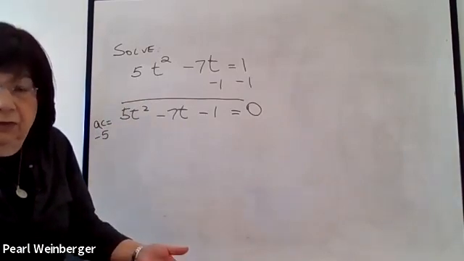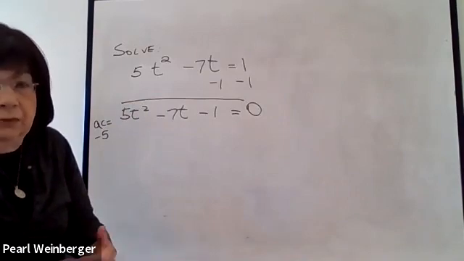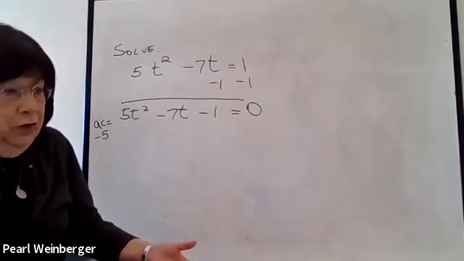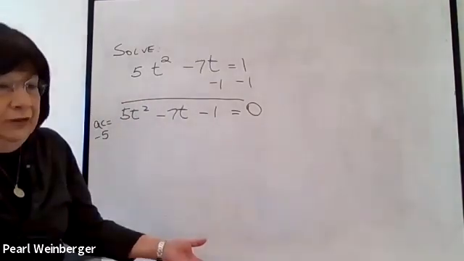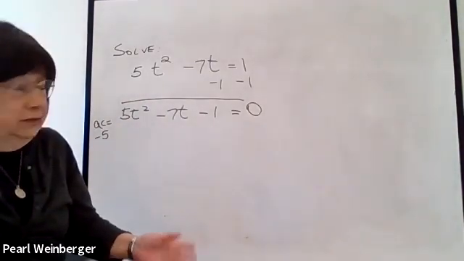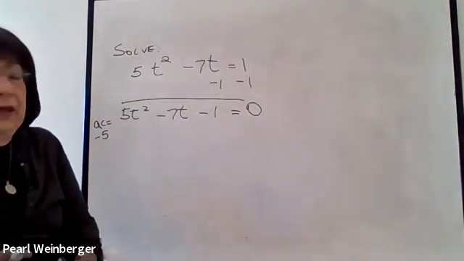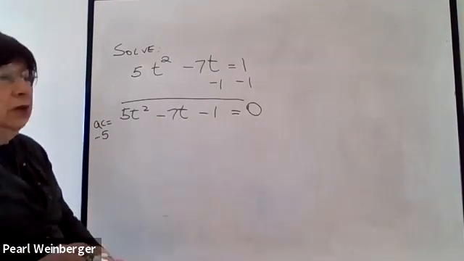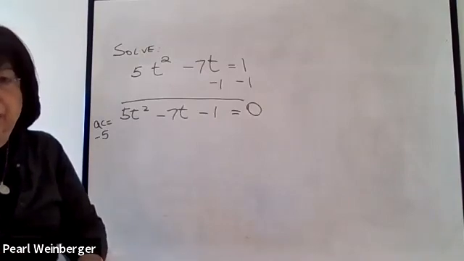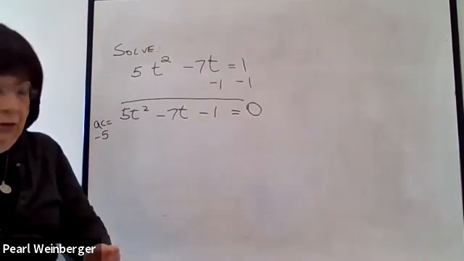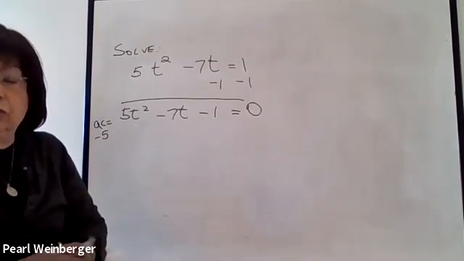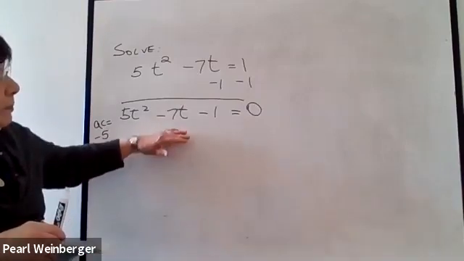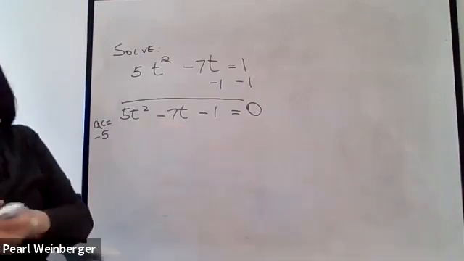There aren't any regular numbers, because the only thing that multiplies to 5 is 1 and 5, and when you subtract them, you get 4, you don't get 7. So our only choice in this case is to use the quadratic formula. Okay, I'm stopping right here. I'm giving you a few minutes to do this problem using the quadratic formula.